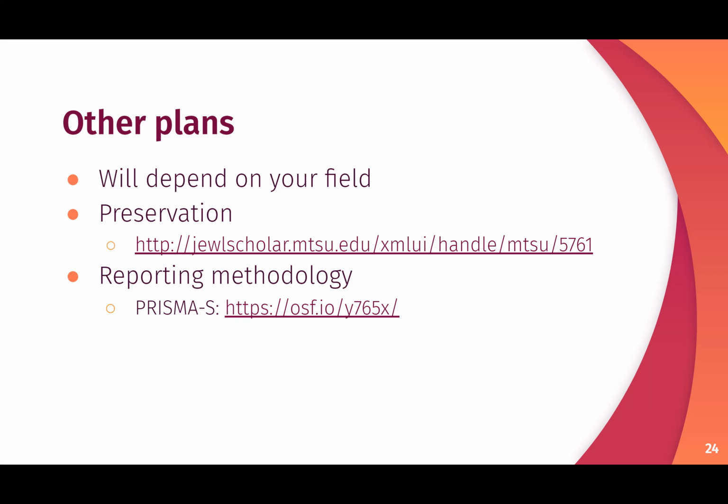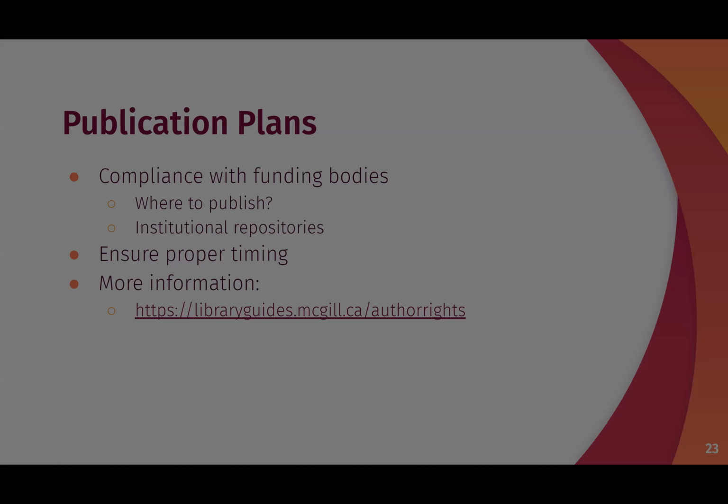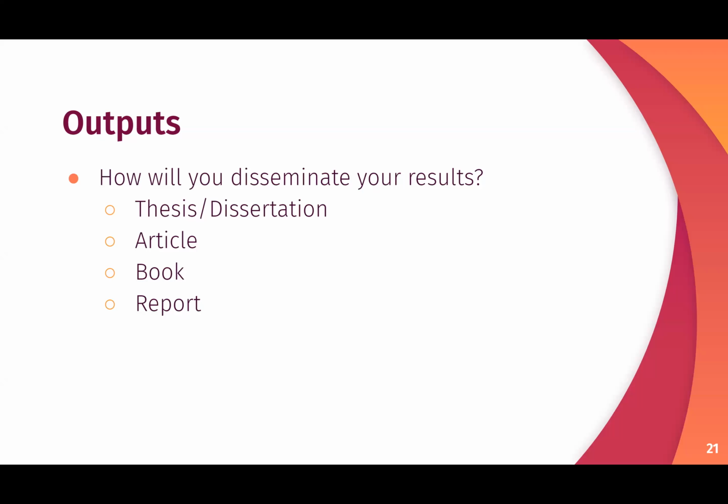So for example, if you are doing a digital project, for output, I put a thesis, dissertation, an article, a book, or a report. But if you're working in the humanities, and particularly digital humanities, you know that maybe your output will not be an article or a book or a report, but maybe it will be a digital object.